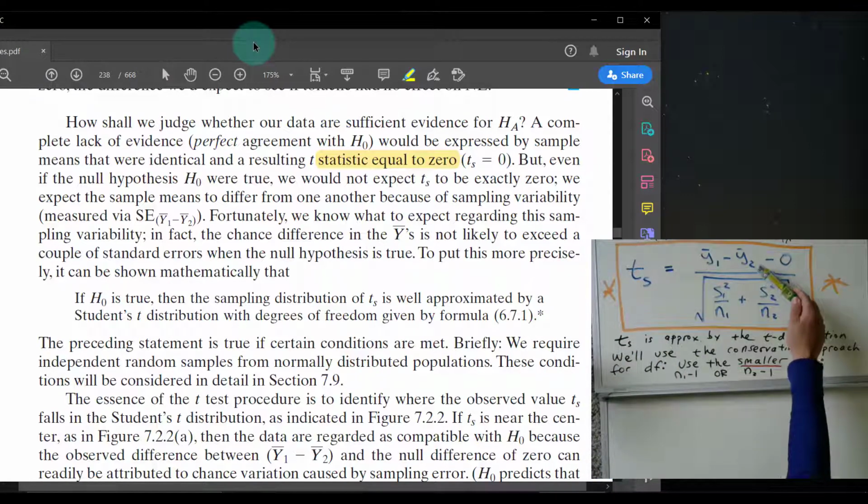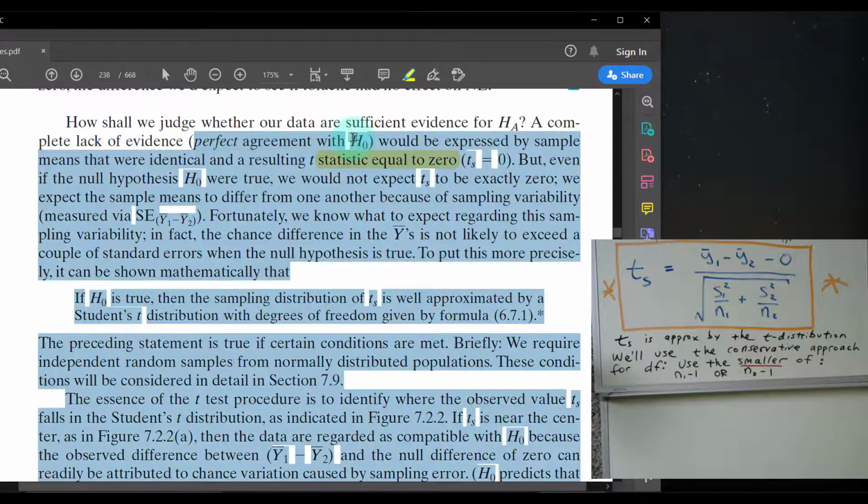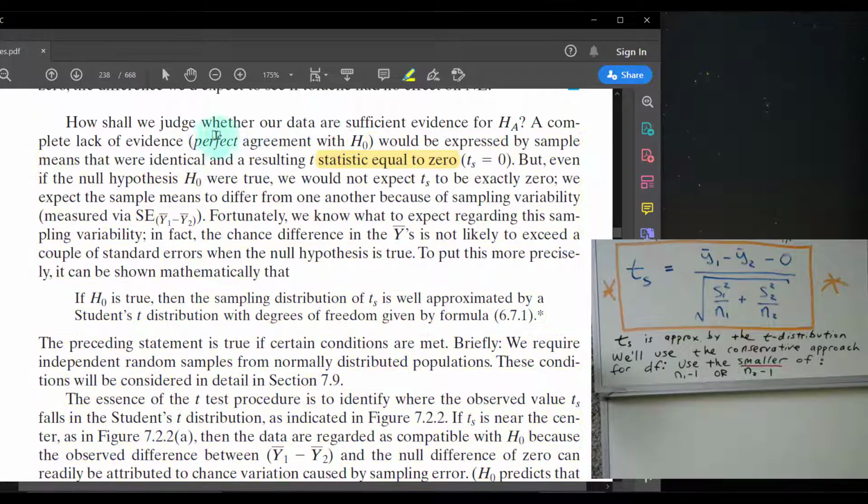If the two sample means were identical, doesn't that provide evidence that there's not a difference between the two means? That would be perfect agreement with the null hypothesis. But even if the null hypothesis were true, we would not expect any two samples to result in a test statistic of exactly 0.